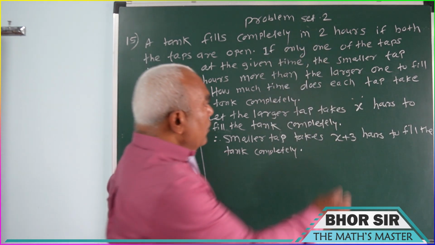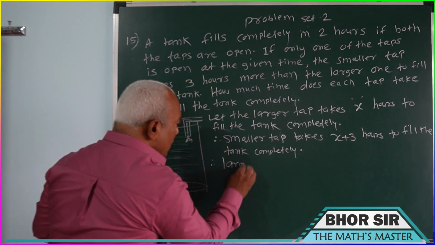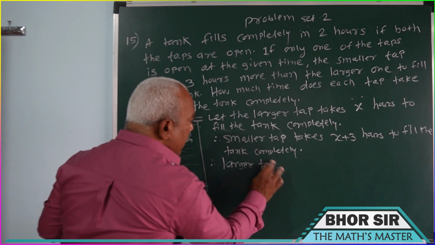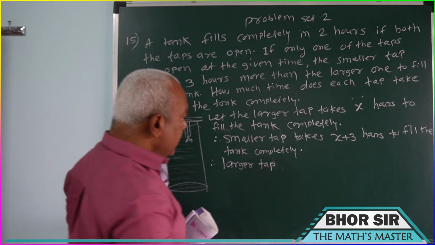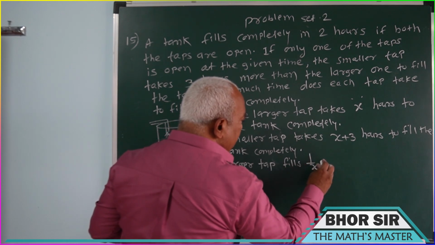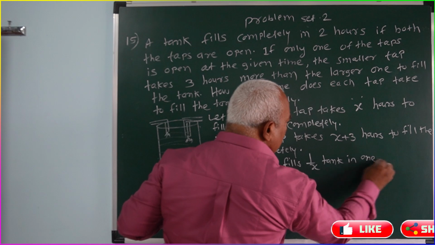Now he takes X hours. Therefore, the larger tap fills 1 upon x of the tank in 1 hour.